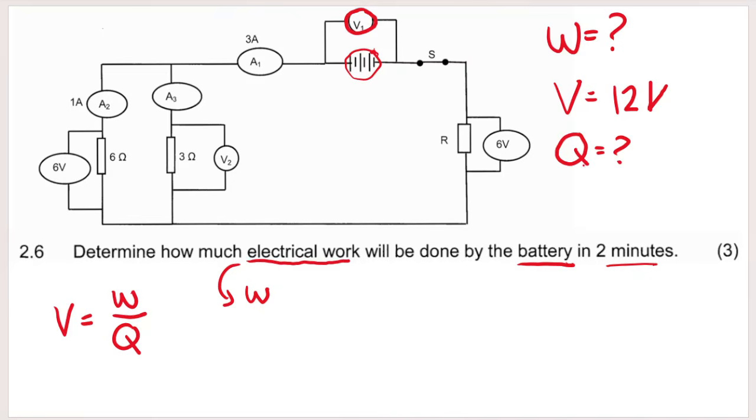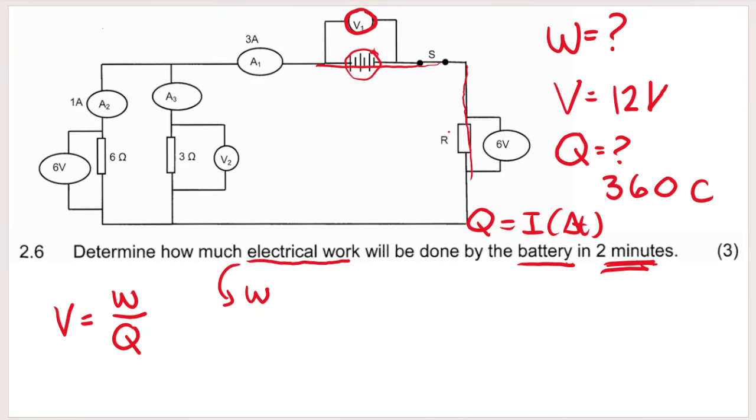So therefore the charge that flows through the resistor is the same as the charge that flows through the battery. So that comes from the last question, 360 coulombs. I hope that makes sense, because remember, charge is current multiplied by time. The time is the same as the last question, 120 seconds. The current is the same as the last question, because the current that flows through the battery is the same as the current that flows through R.